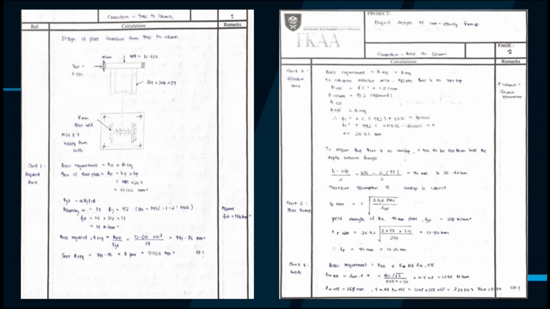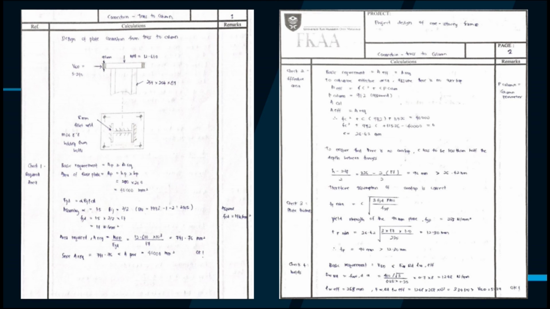Next, we check for the effective area and we assume that there is no overlap. We use the formula of A effective equal to 4C squared plus C perimeter of column. Then we get C equal to 26.42 mm. To ensure that there is no overlap, C has to be less than half the depth between flanges.